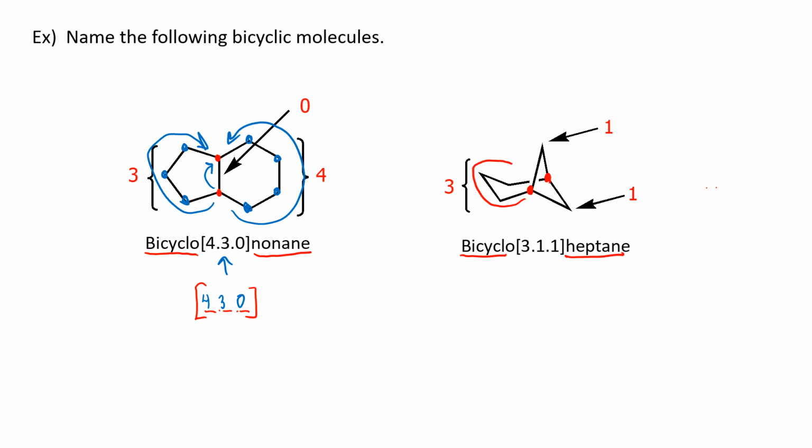So I've got a path that goes around to the left with 1, 2, 3. We've got a path that goes around to the right with 1, and a path that goes up and over with 1. So I have a 3, 1, 1 that goes in my brackets. So we put the name together, and it's bicyclo 3, 1, 1 heptane.